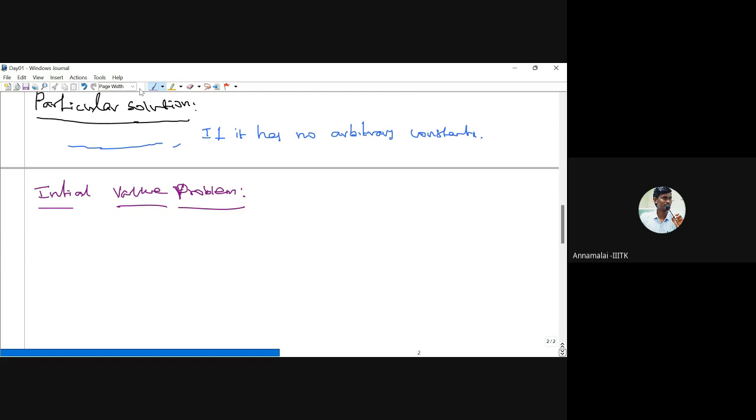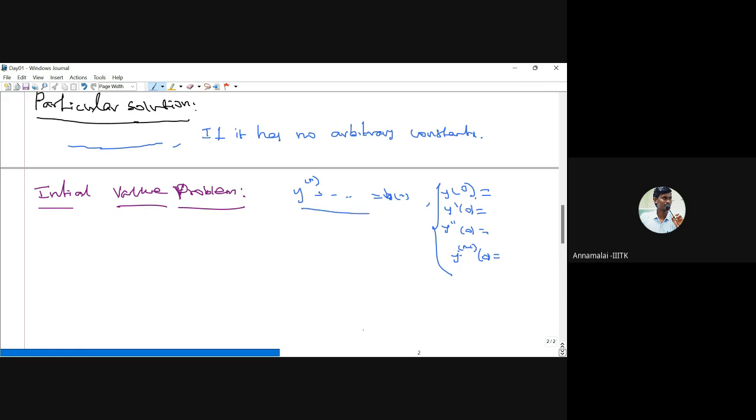Suppose it is an nth order differential equation, we have n initial conditions in terms of some point x0. We are given y of 0, y dash of 0, y double dash of 0 and so on, up to the (n minus 1)th derivative of y at 0.